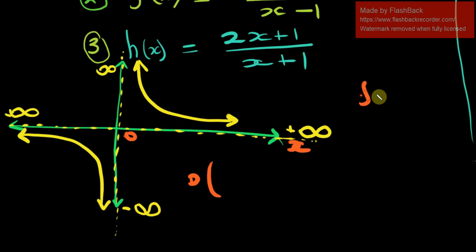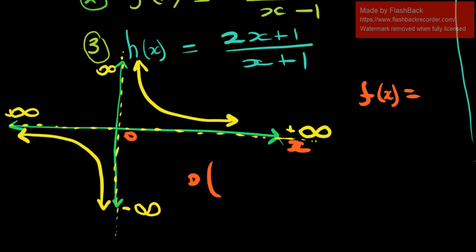So all the values of x that will give you an answer in this equation are part of the domain of the function. So they should give you a valid answer. So all those values are the domain.